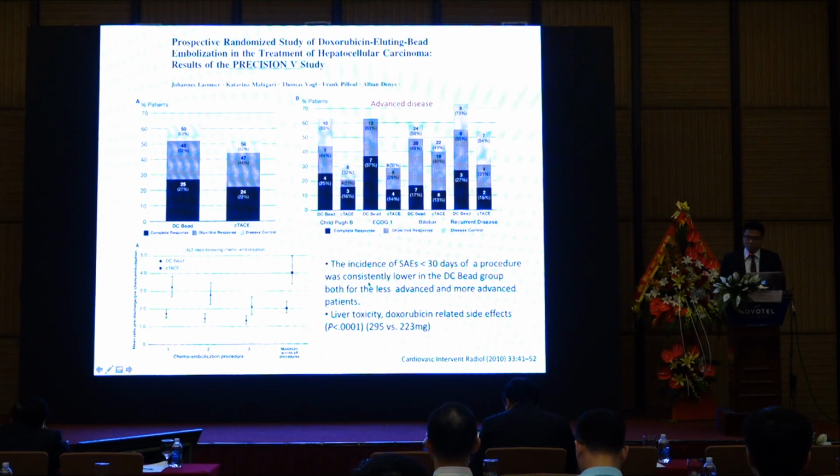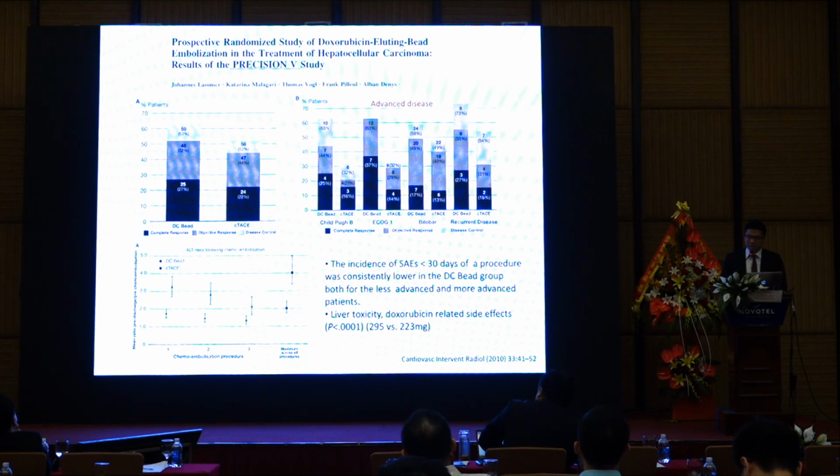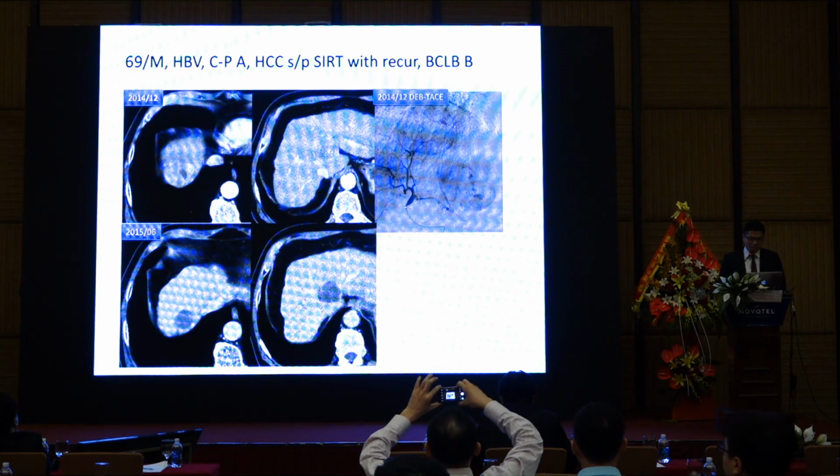However, in the subgroup analysis, in advanced disease such as Child-Pugh B, ECOG 1, bilobar disease, and recurrent disease, drug-eluting beads achieved a better response. And you can also see that the liver toxicity and the doxorubicin-related side effects are less than with conventional TACE.